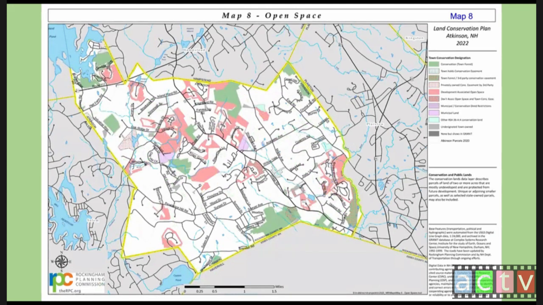Open space. This is a map that I worked a lot with Rob on, because the open space that's in Granite is woefully out of date. There's some land that we own that's just not flagged in Granite as conservation land. There's a lot of the open space around cluster developments that's just not correctly cataloged in Granite.